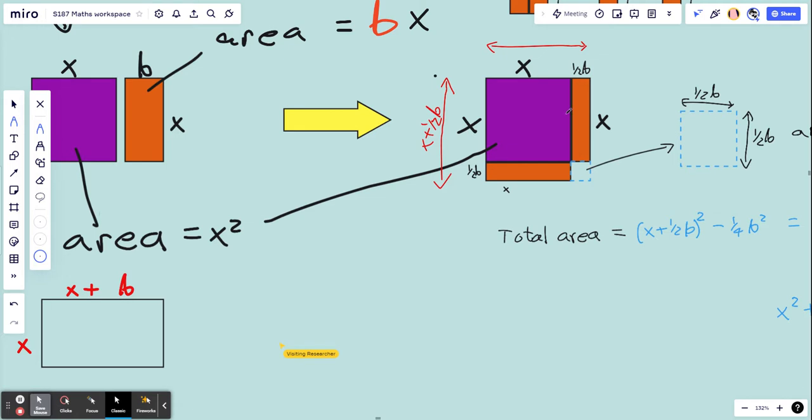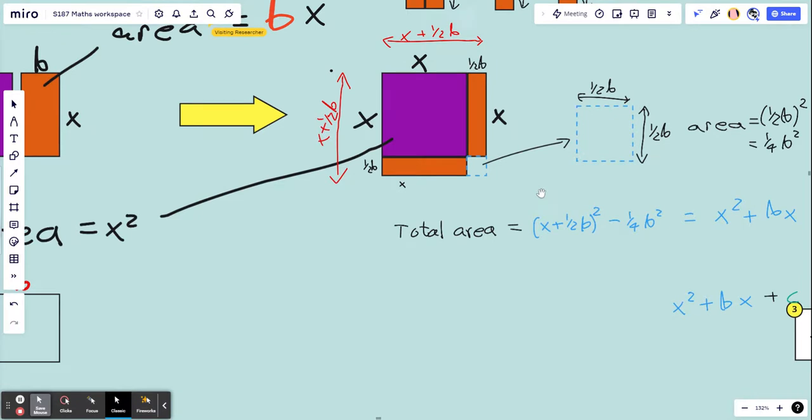This is why we call it completing the square. Because what do we need to add to complete the square? Well, this dotted square in the corner, the dimensions would be half b multiplied by half b. So that's what we would need to complete the square.